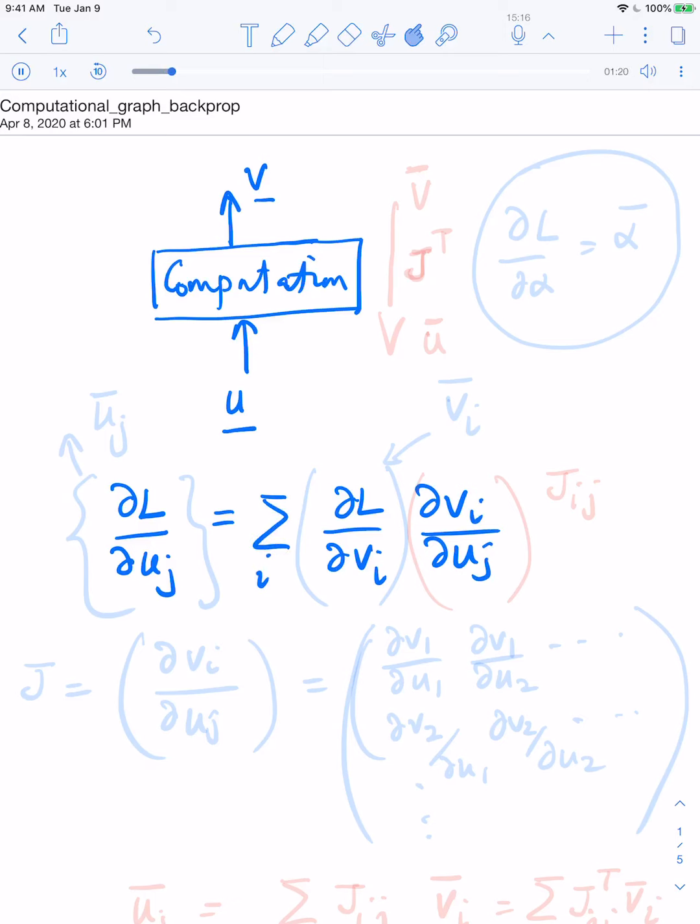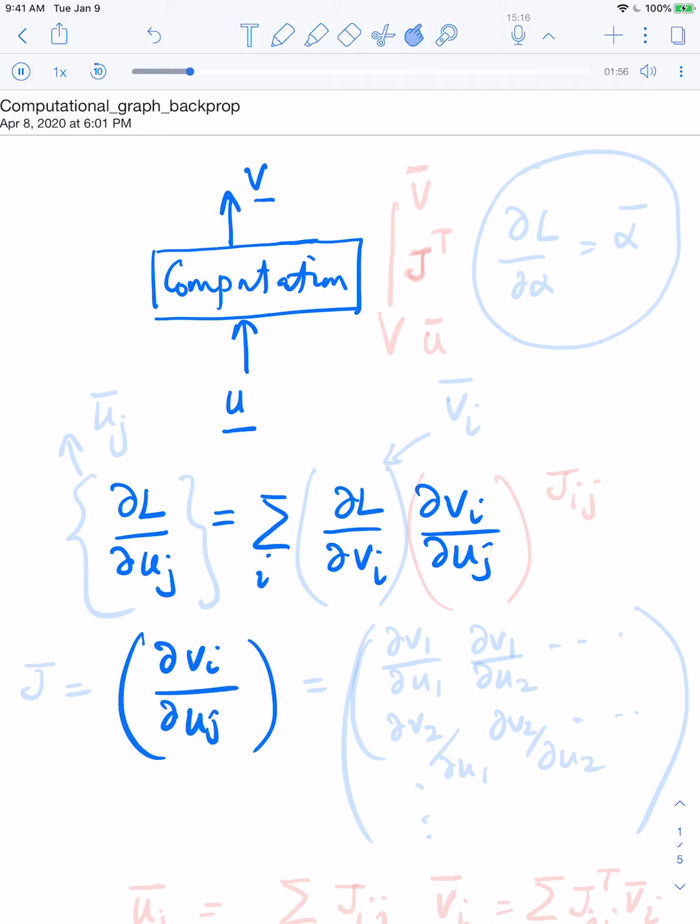I'm not even going to say how many i's there are or how many j's there are, because I want to keep it fairly abstract for now. So v is closer to the output than u. We are flowing up that way. So the only way uj can affect the loss function is through the variables vi's, and so that's what we have.